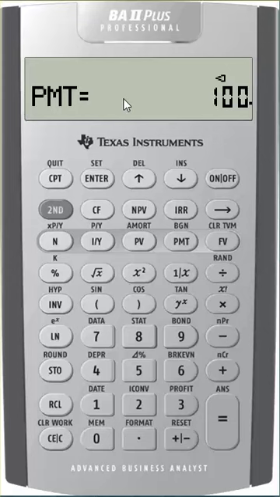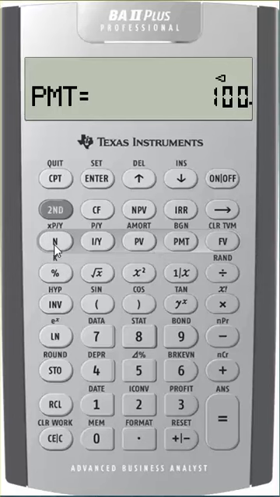Whenever we have an annuity stream, it's payment. It's not PV. I'm not going to put my 100 into PV. If this was determining the future value of a single sum, where I'm going to make a $1,200 investment today, one time, that would be PV. This is an annuity stream.